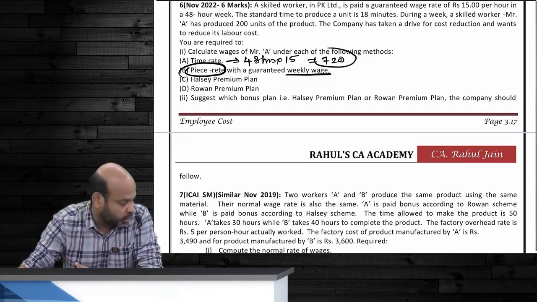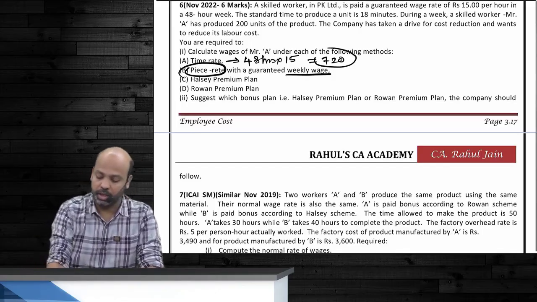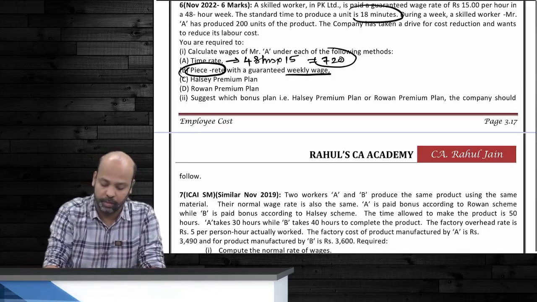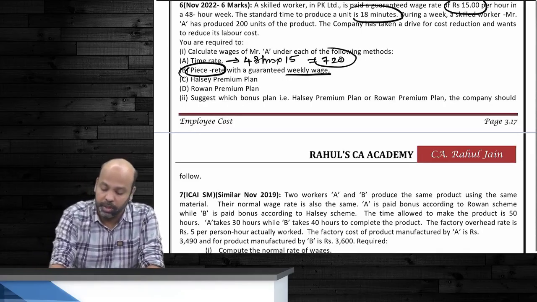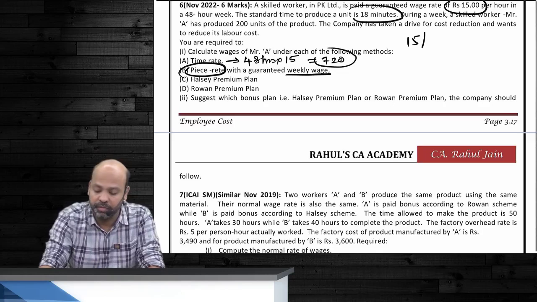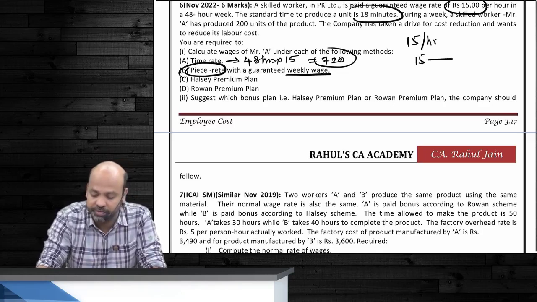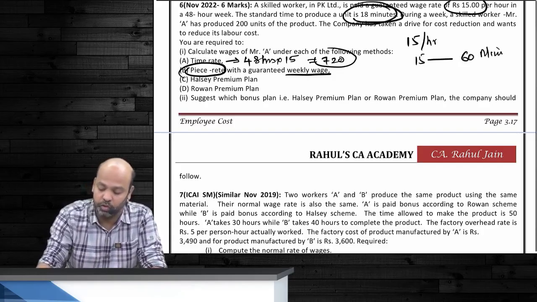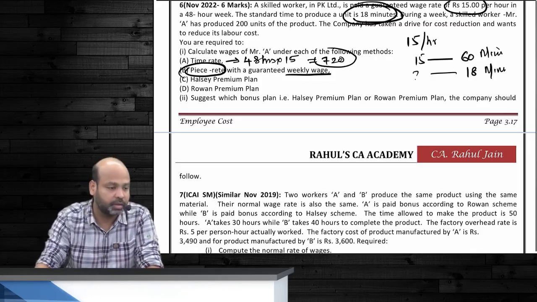It should always be computed, guys, on the basis of standard time allowed and rate per hour. Per hour the company is paying 15 rupees. That means 15 rupees is the wage for 60 minutes. Each unit is supposed to take how much? You will have to compute the wage of 18 minutes proportionately.